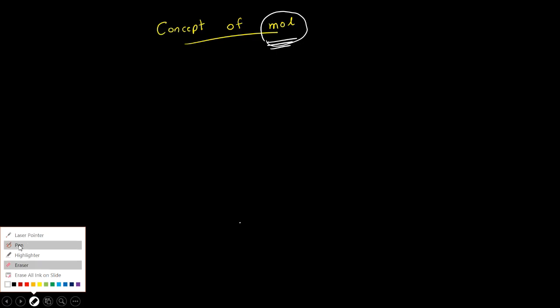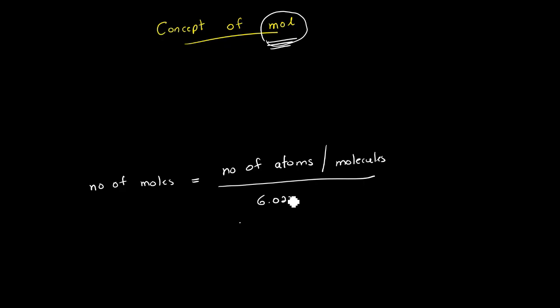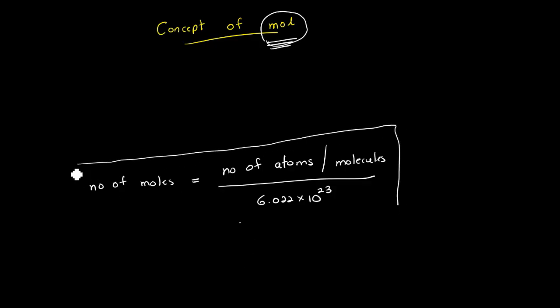Okay, here, the number of moles is equal to the number of atoms or molecules over 6.022 times 10 to the power 23, right? This is the equation that we can derive based on our definition, right?